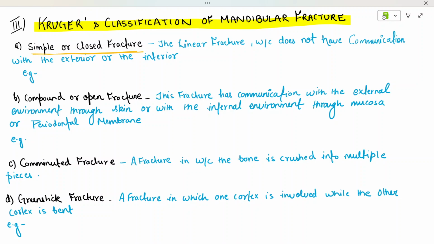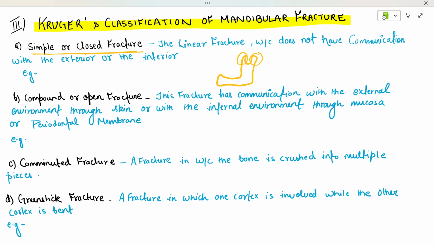Now, in order to understand this, let me draw a figure of a mandibular bone. This is the coronoid process and this is the condyle.